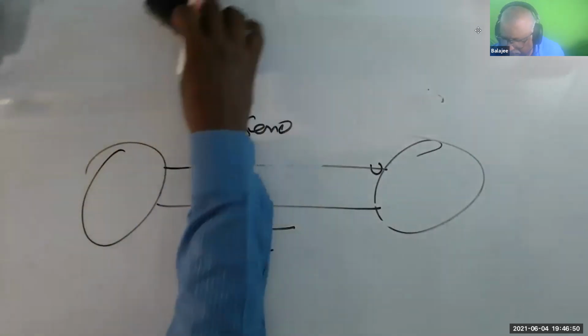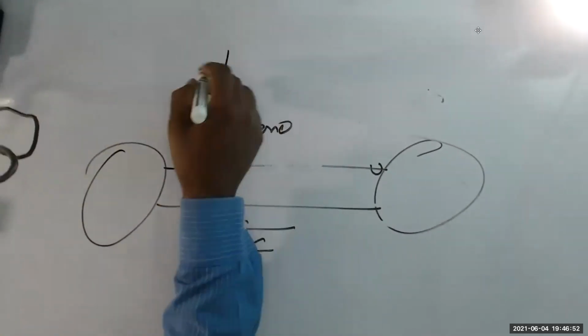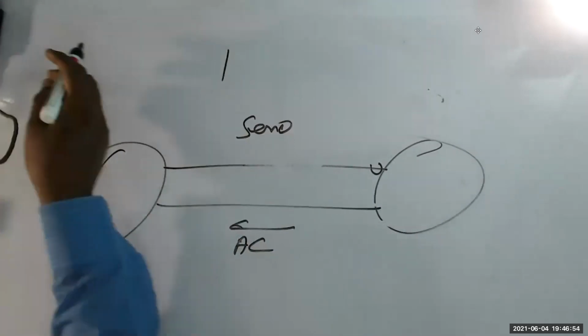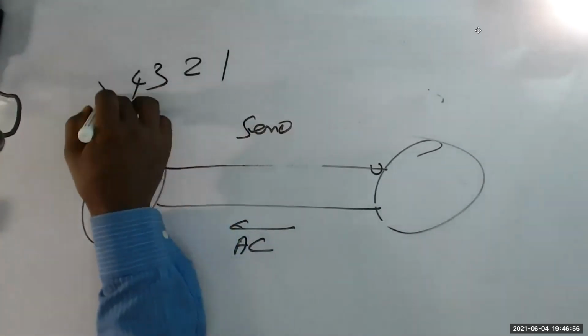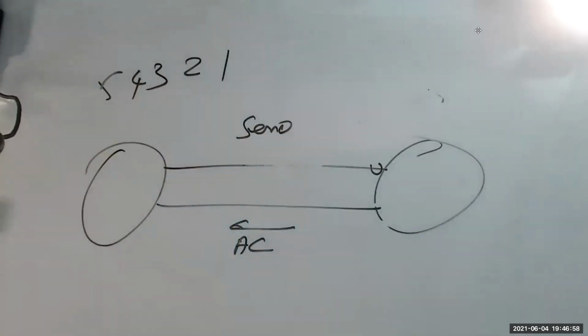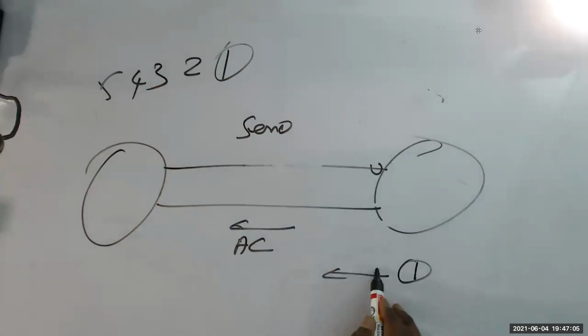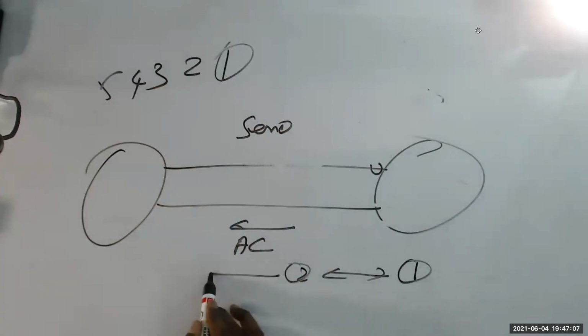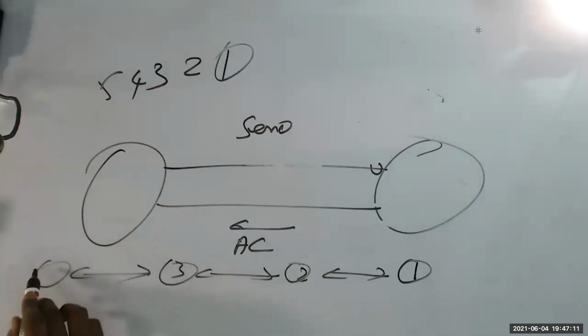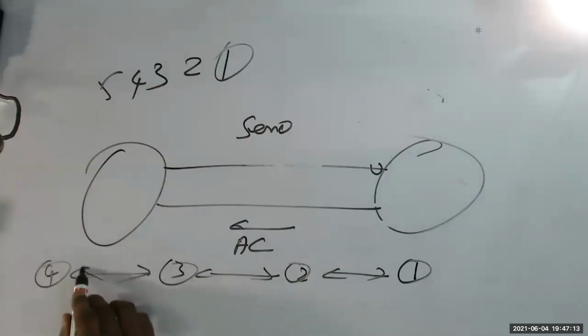Let's say I have 10 packets. Now, if I have to send one and wait for the acknowledgement, then send 2, then 3, then 4, I'm wasting a lot of time.